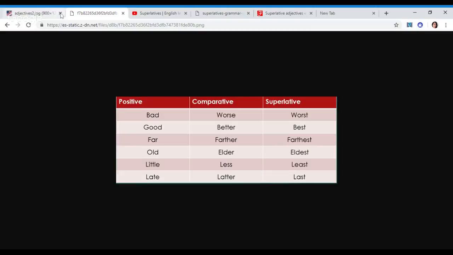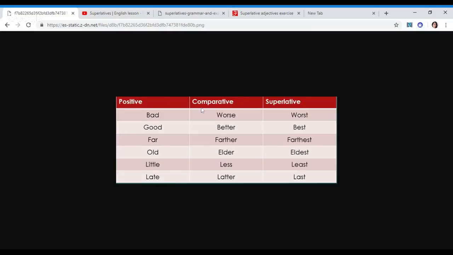Now, in this part, you can find the irregular comparatives and adjectives, for example bad, good, far, old, little, late. These are adjectives, but in this case they are irregular.